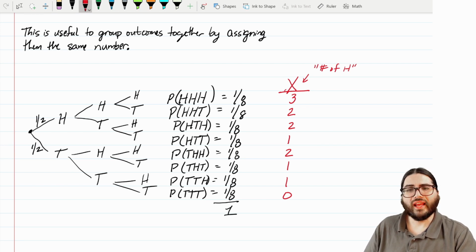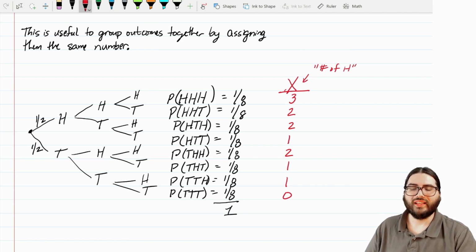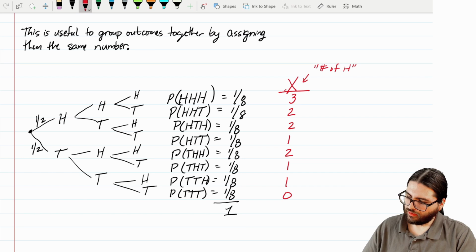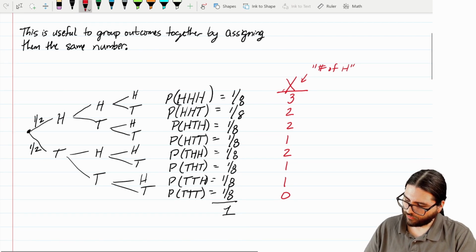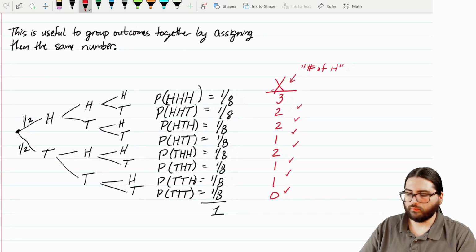Now I notice that there are different numbers of outcomes in each category. How many categories do I have? Well, I have a 0, I have a 1, but that appears in more than one outcome. I have a 2, that also appears in more than one outcome. And I have a 3.